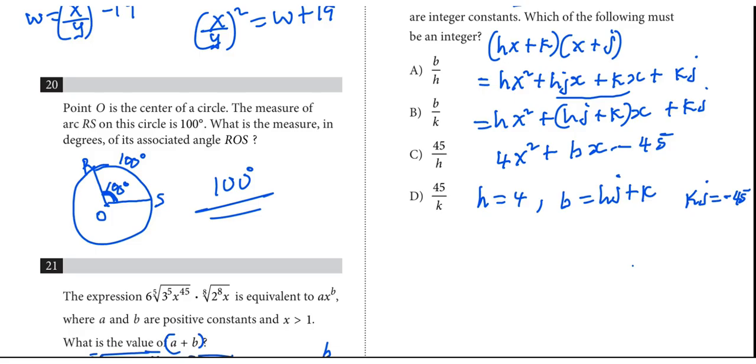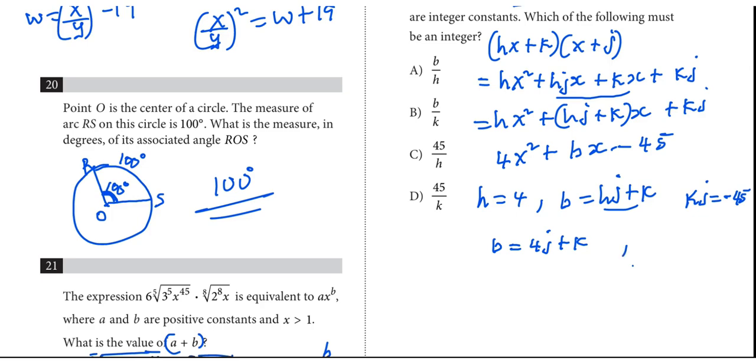So now we already have h to be 4, so we can plug the value into this. So b is equal to 4j plus k, and kj is equal to negative 45.